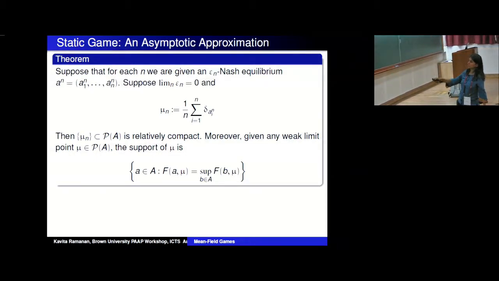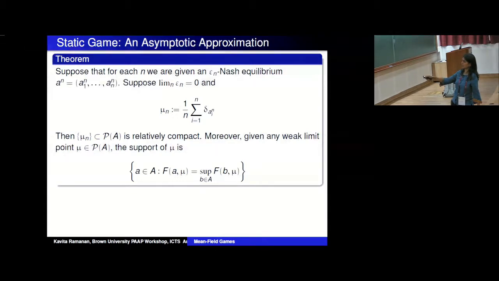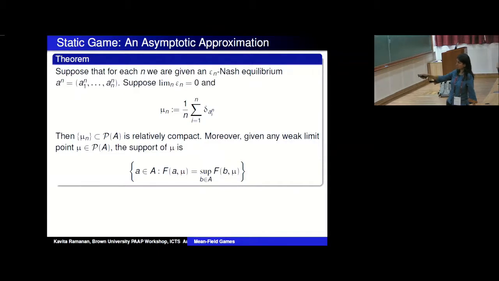Any weak limit point mu of this is such that the support of mu is this. So what is it saying? The support of mu is going to be within the set of actions that maximize the payoff when you use mu, all the actions for which you get the maximum.